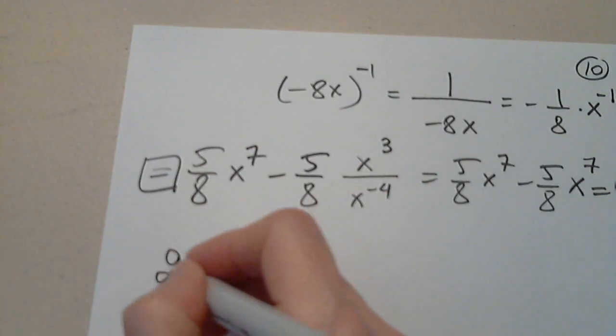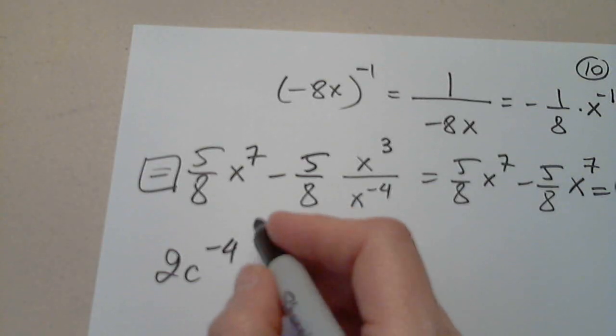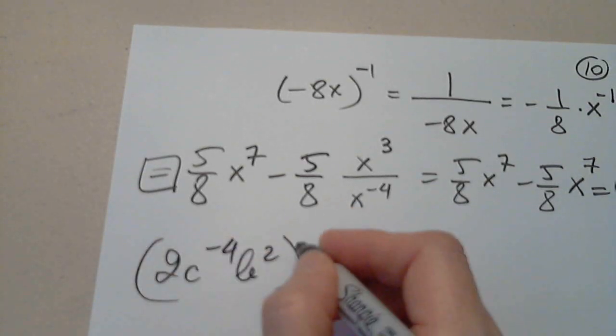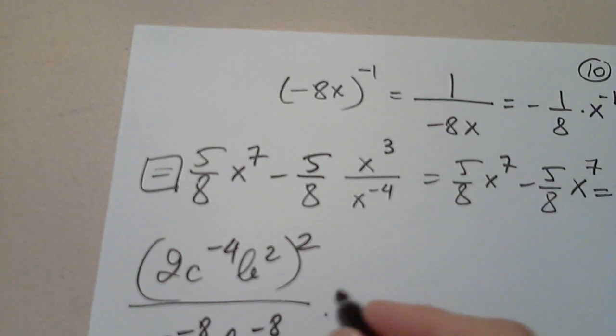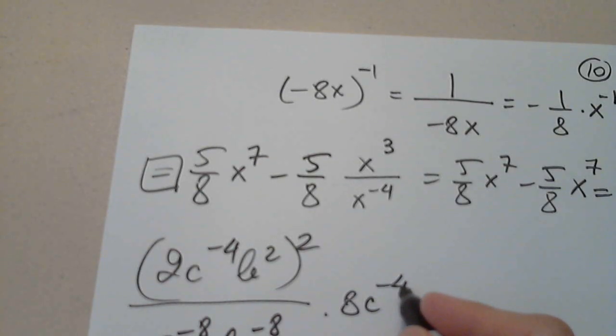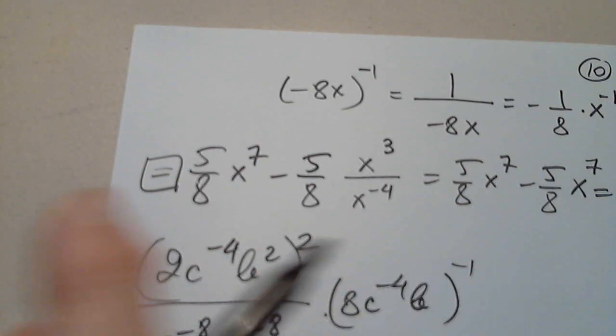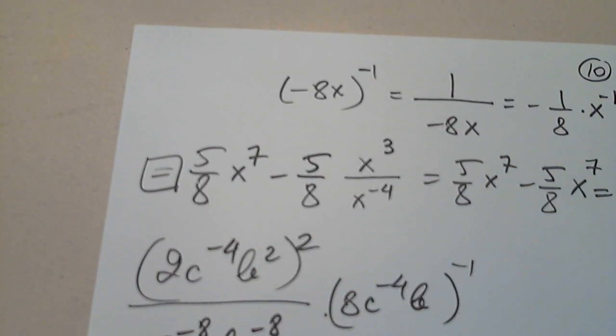So this is a different problem: 2c squared, squared, divided by c to negative 8, b to negative 8, and 8c to negative 4, b raised to negative 1. Good.